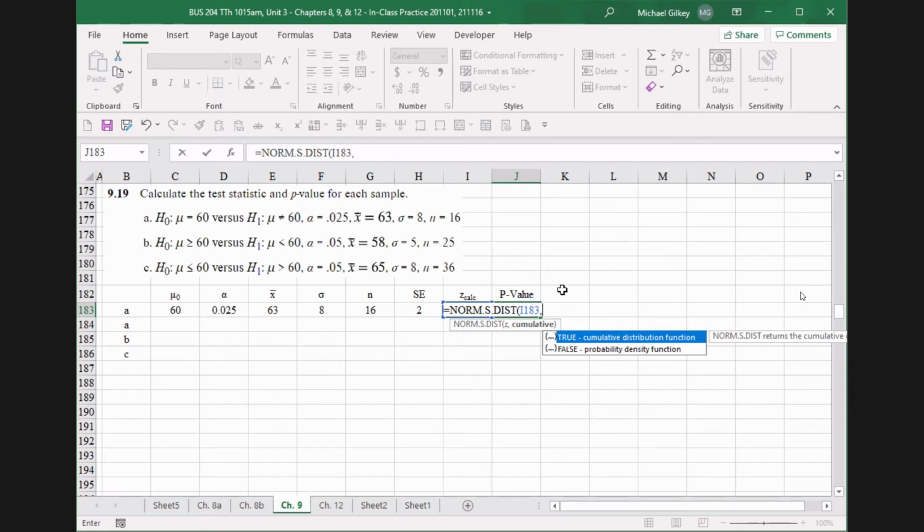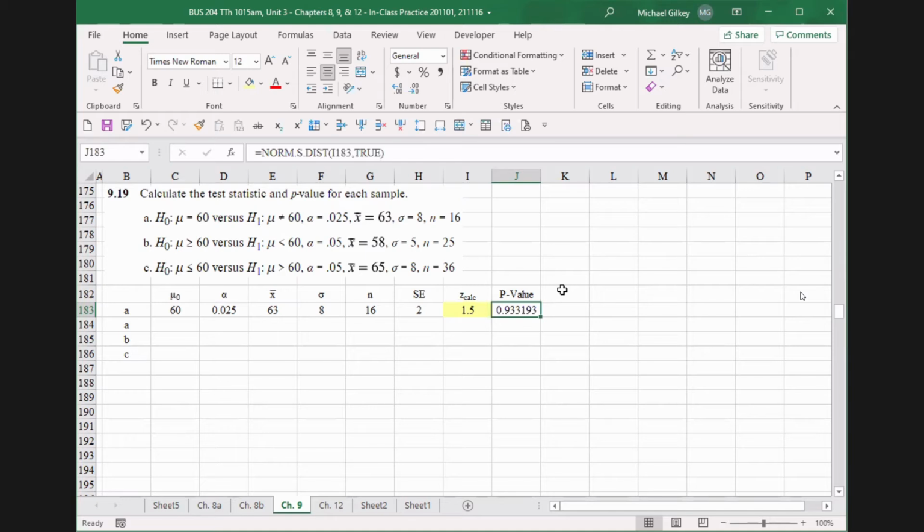In chapter 6, because we were dealing with discrete distributions, we might use true, we might use false, depending on what we're looking for. But when you get to a continuous distribution, never, ever, ever use false. Because the probability density function does not give you probability. It gives you the height of the function, which is not probability. Okay. So with a continuous distribution, cumulative is always true.